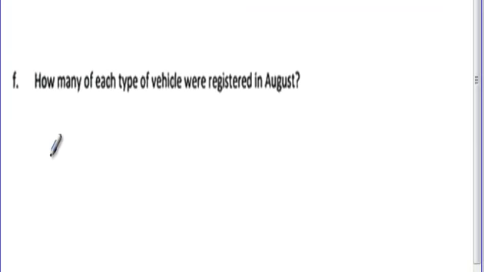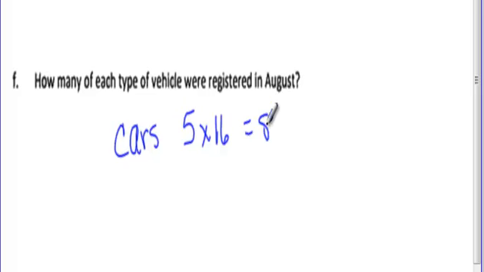Part F, how many of each type of vehicle were registered in August? Well, that was the question that they asked us to solve. And so we had cars. Remember, there were 5 equal-sized parts. Each part had a value of 16. So 5 times 16 gives us 80 passenger cars registered for the month of August.